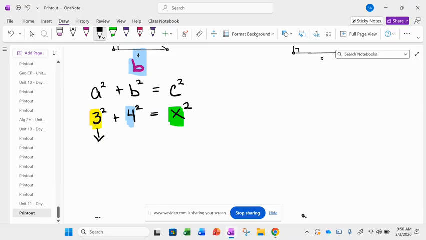So we have 3 squared is 9, plus 4 squared is 16, equals x squared. 9 plus 16 is 25, equals x squared. Now that we have the x squared by itself and just one number on the other side, now we can square root both sides to solve for x.